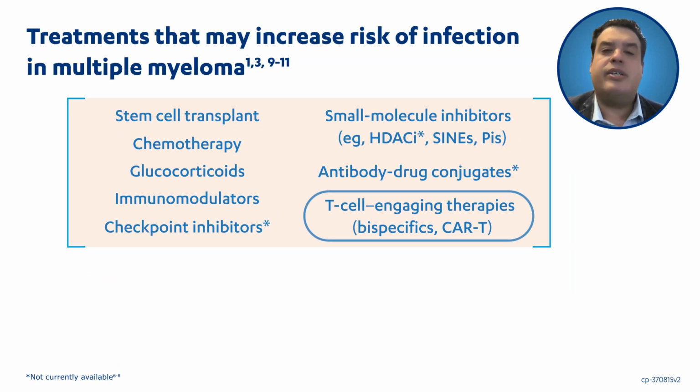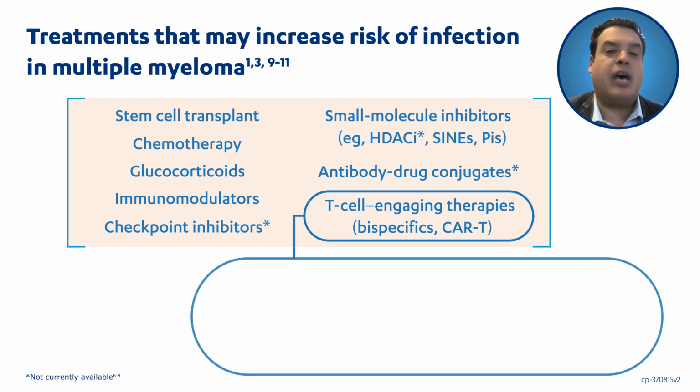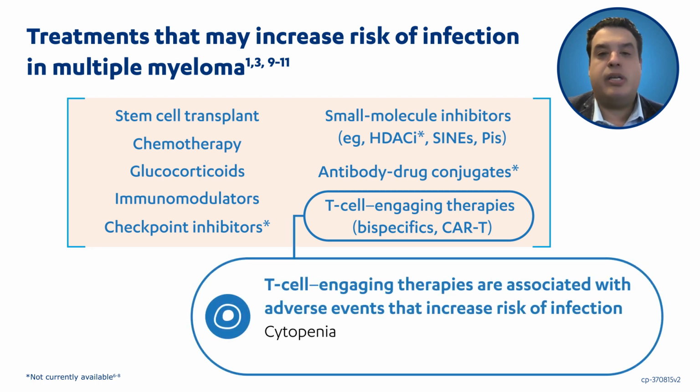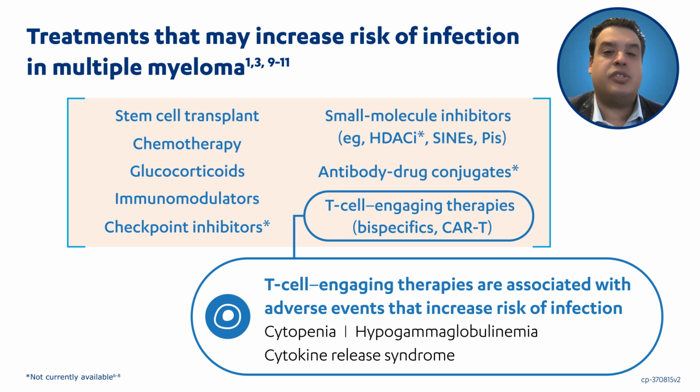Of note, T-cell engaging therapies are associated with adverse events, including cytopenias and hypogammaglobulinemia that increase infection risk. T-cell engaging therapies are also associated with cytokine release syndrome, the symptoms of which may mimic those seen with infection, including fever, tachycardia, and hypotension.